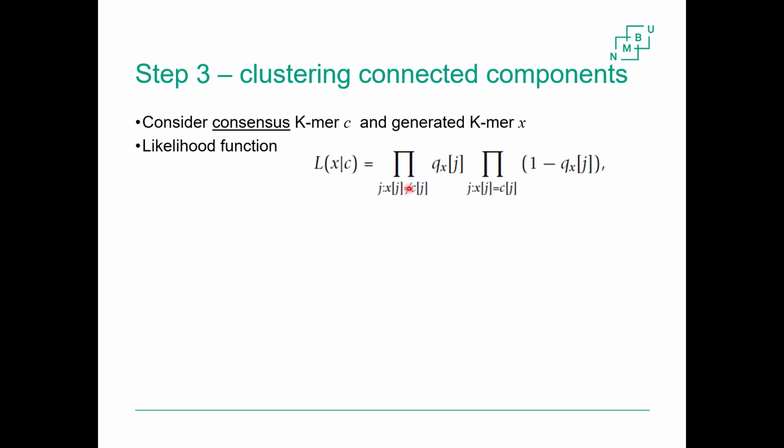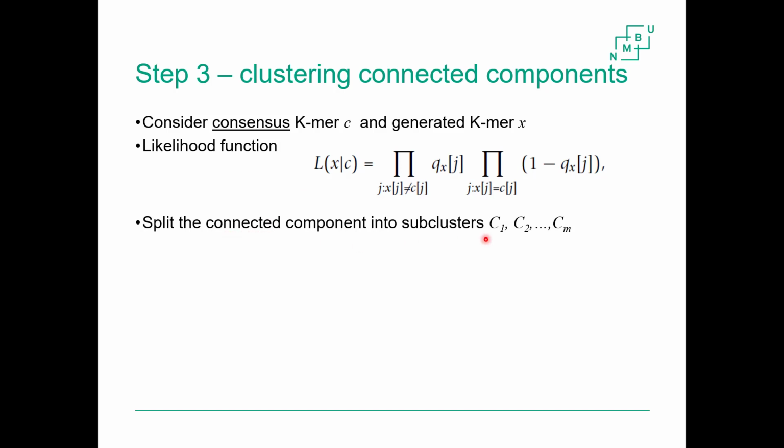But as soon as you come here, if there's a difference between the k-mer and the consensus, then you multiply everything with this one, which is also usually a quite small value. Even if the quality score is rotten, this probability is not super small, right? So this likelihood function will be bigger for those that look similar to the consensus sequence and smaller for those that are different.